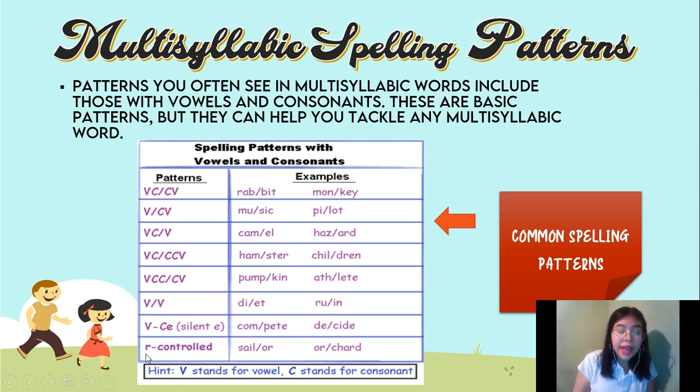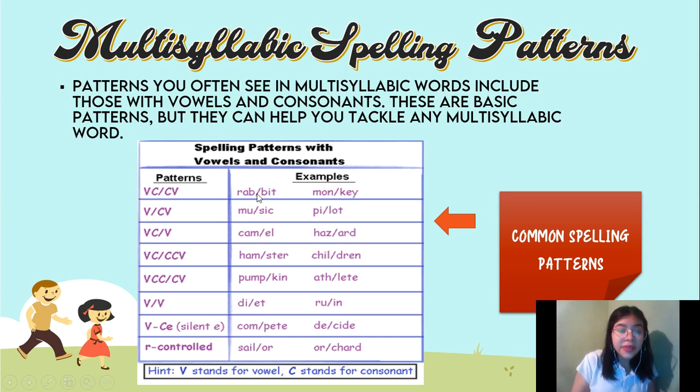Here we have clues for us to understand this chart. V stands for vowel and C stands for consonant. So when we have VC, it means vowel and consonant. Our pattern here is to follow vowel and consonant and then consonant and vowel, as in the examples rabbit and monkey.